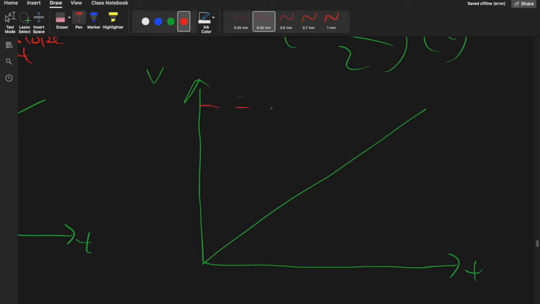In this graph, let's say this is the VF and the origin is VI. You find the average velocity here, right? And then you multiply by t. So basically the equation calculates this area.